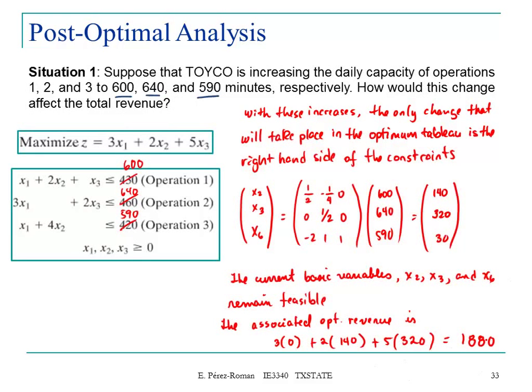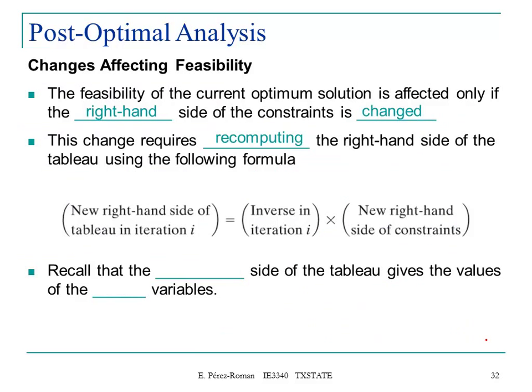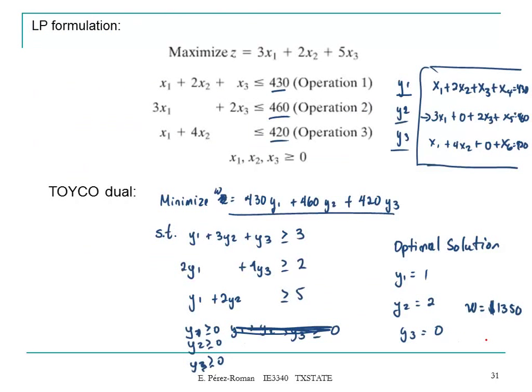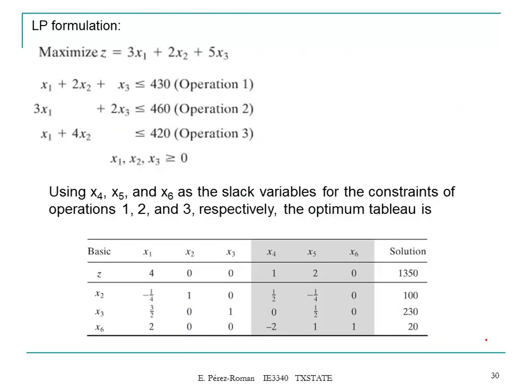So what we are saying here is, let me go back a little bit here. You know x6 is not part of your production schedule because your production schedule is only defined by x1, x2, and x3, which are your products. You're having a slack variable with a positive value here.